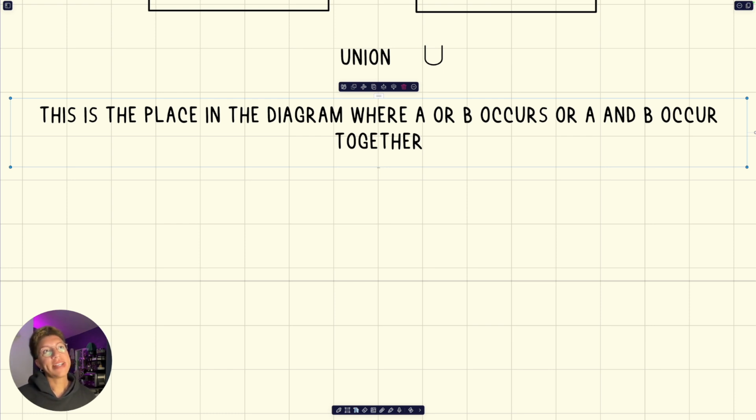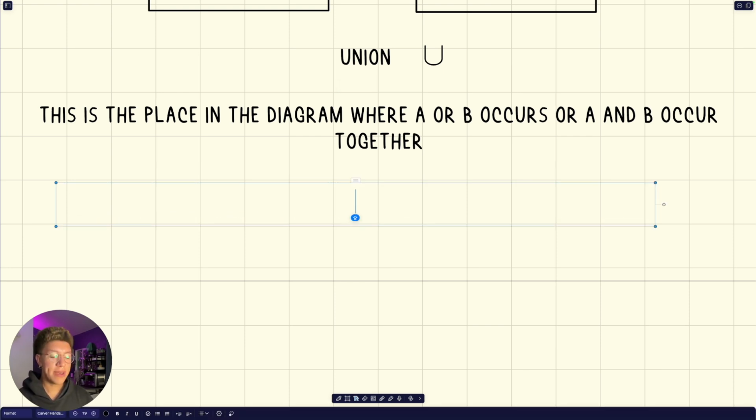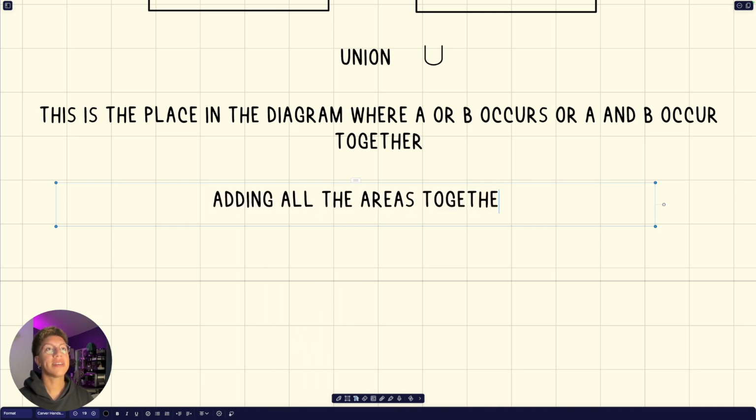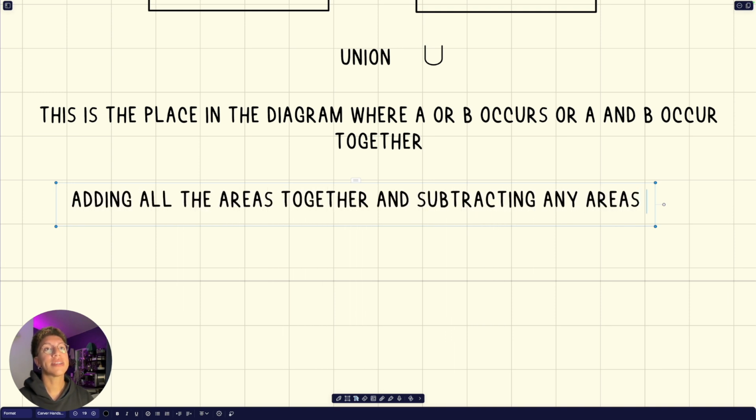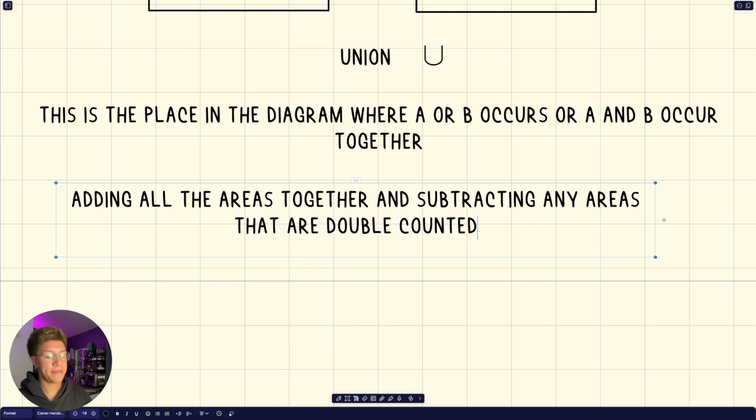Another way to think about this is we are looking for where one occurs, where the other occurs, or where both occur. And we have to do one extra step here, in that we have to make sure we're not double counting areas. And we'll talk a little bit about what that means here in a second. So in terms of the diagram, we are adding all the areas together and subtracting any areas that are double counted.